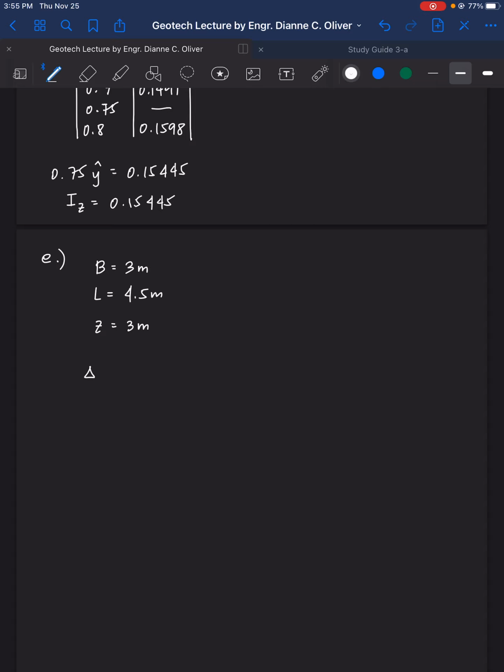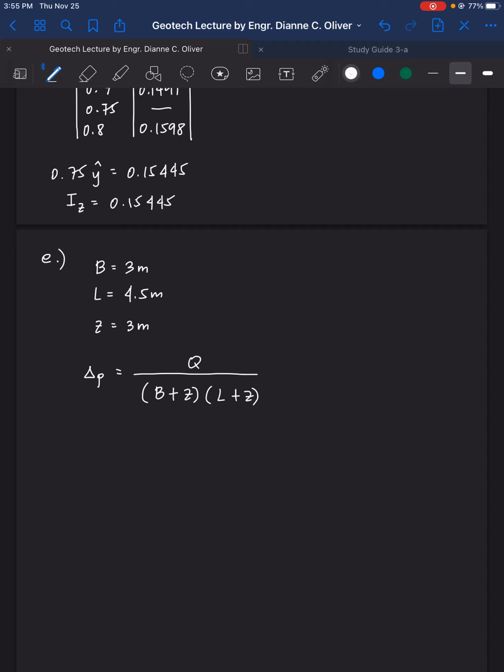So from the formula, delta P is equal to Q over B plus Z times L plus Z.